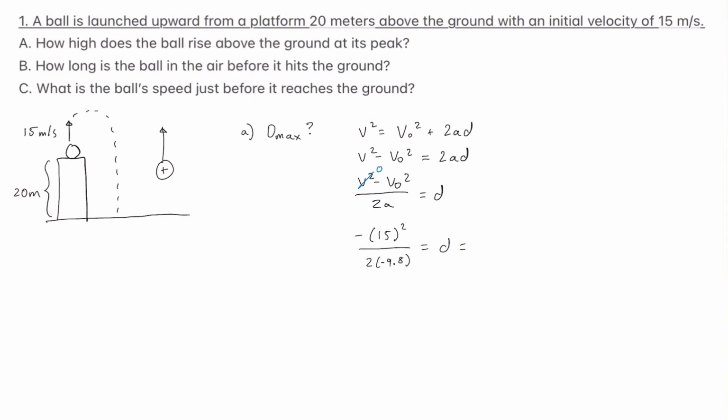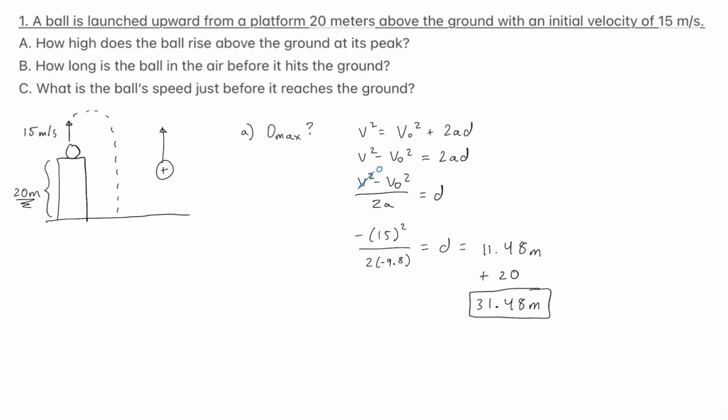And this gives us 11.48 meters. But this is not the answer to the question because it's asking how high the ball rises above the ground. So remember, the platform is 20 meters tall, so we add 20 to 11.48 and get 31.48 meters.